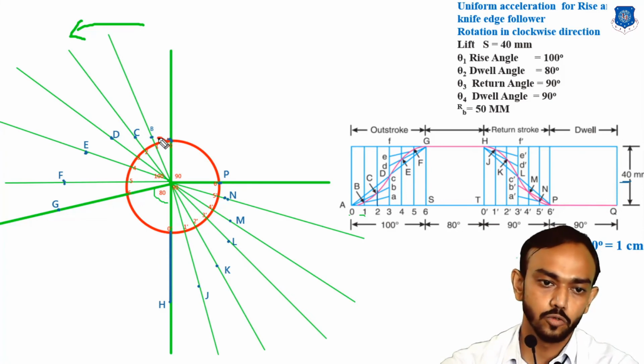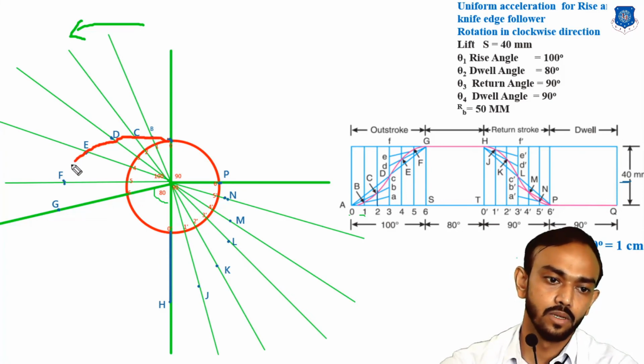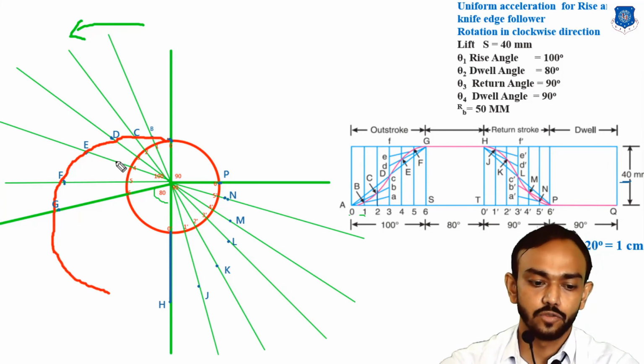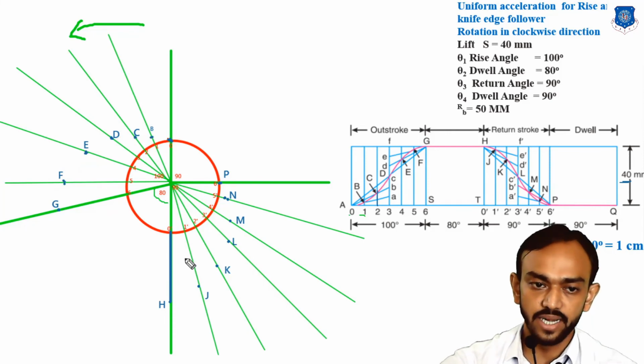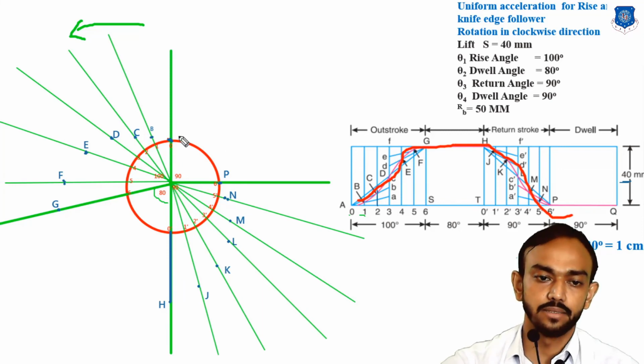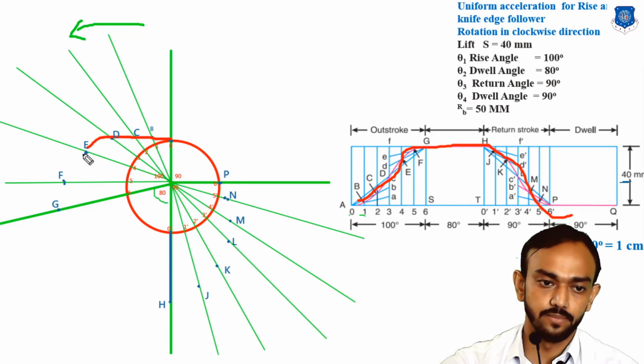Smoothly connect. So we are going to connect these points and we will get this curve on this circular path and we will get this cam profile.